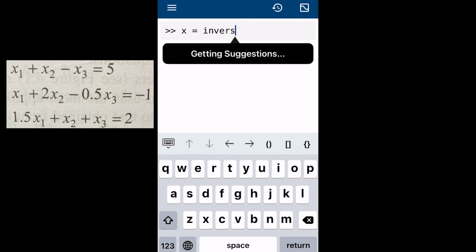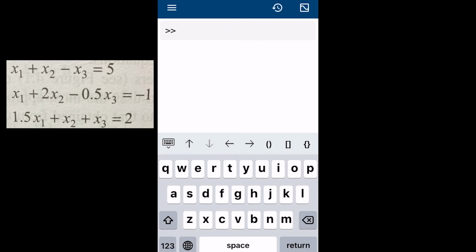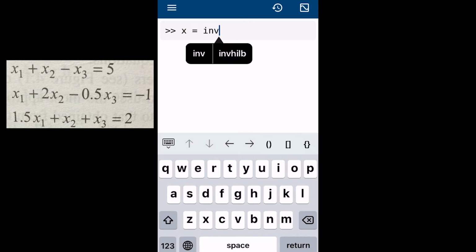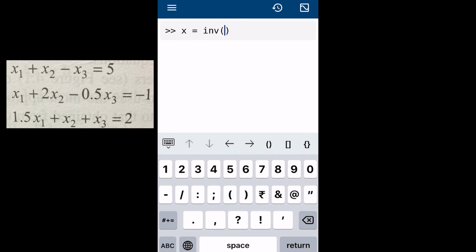So in Matlab, you have to type x equal to inv. inv means the inverse of the matrix, right? inv is a pre-inbuilt function in Matlab. The function name is inv, for inverse. It calculates the inverse of matrices.